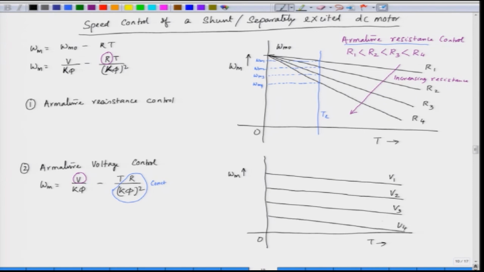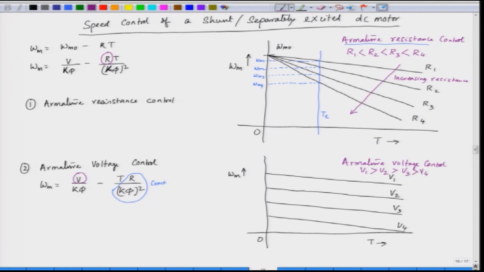So, we are varying the voltage. This is armature voltage control. And in this case, V1 is greater than V2, greater than V3, greater than V4.